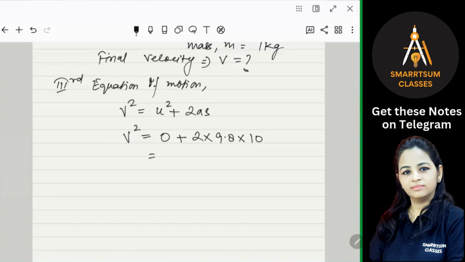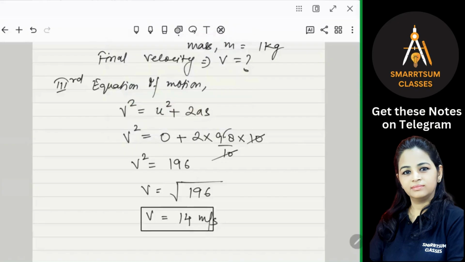So 2 into 9.8 into 10 is what? 2 into 98 is what? 196. So v square is equal to 196. So what is v? Square root of 196. So 196 is the square of which number? Can you tell me? 196 is the square of 14, right? So what is the final velocity? When it hits the ground, it is 14 meter per second.